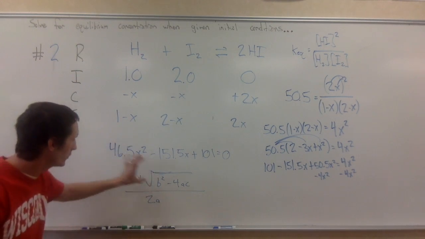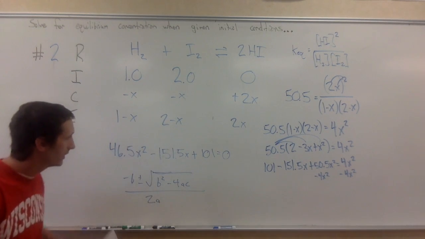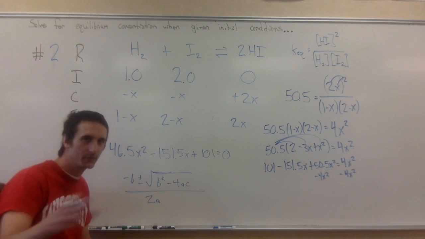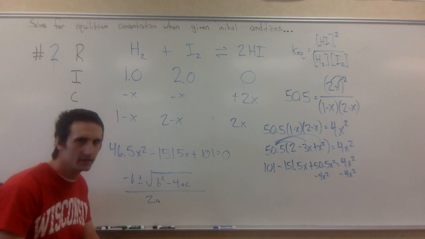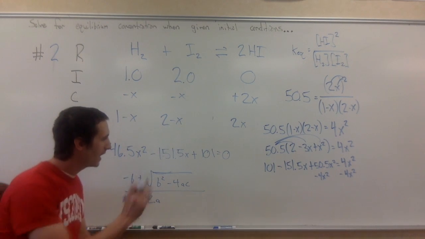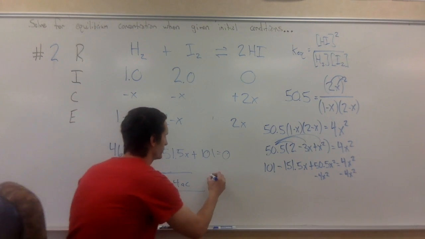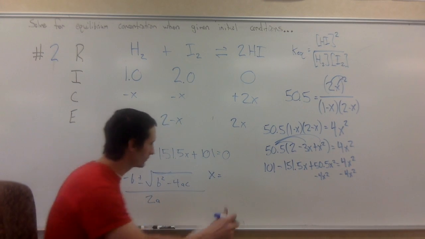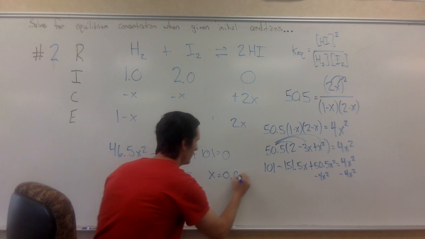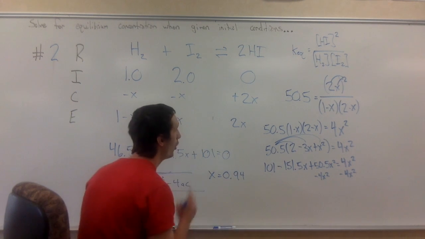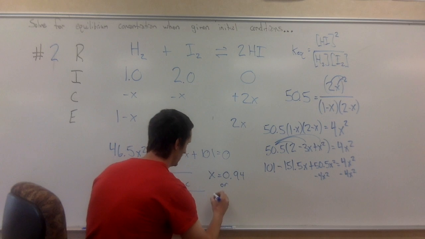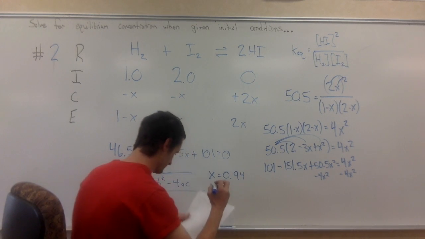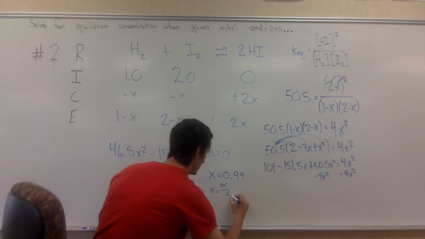Plug in each term where it belongs in the quadratic. Again, if you need to push pause, get caught up, make sure that you see how to get to this spot. I got x is equal to 0.94 or x is equal to 2.3.